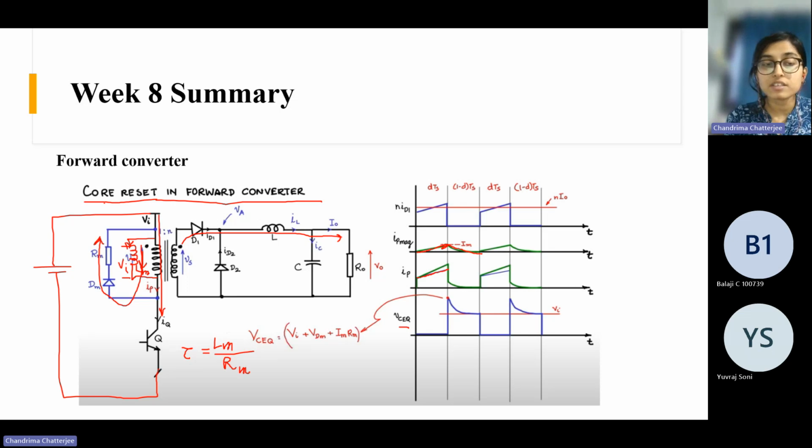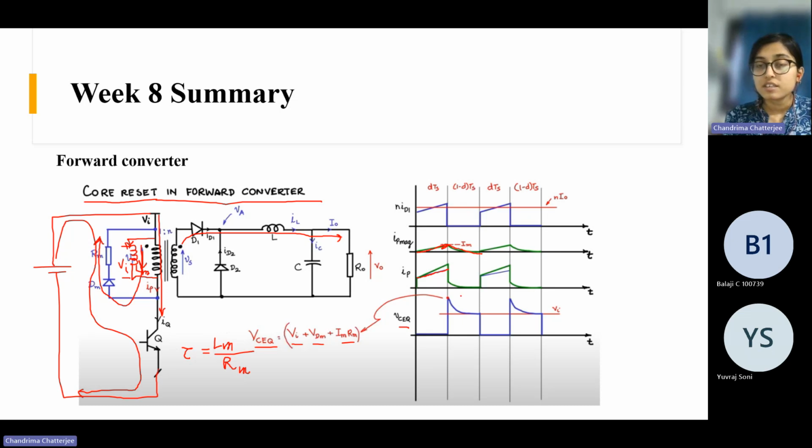If you do KVL in this loop, then you will see the voltage across the device comes out to be VI plus VDM. VDM is the forward drop of the diode, plus IMRM, the drop across this resistance. So this is the total voltage that appears across the BJT.